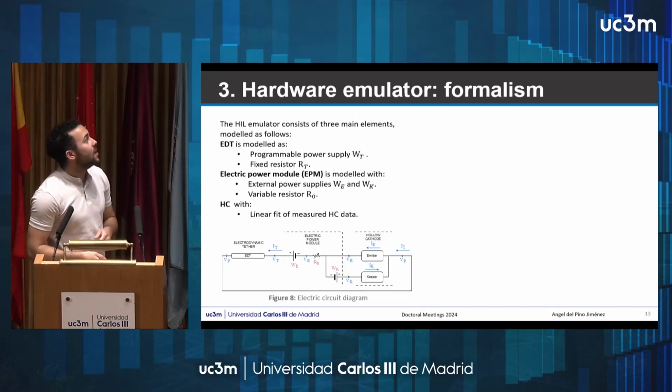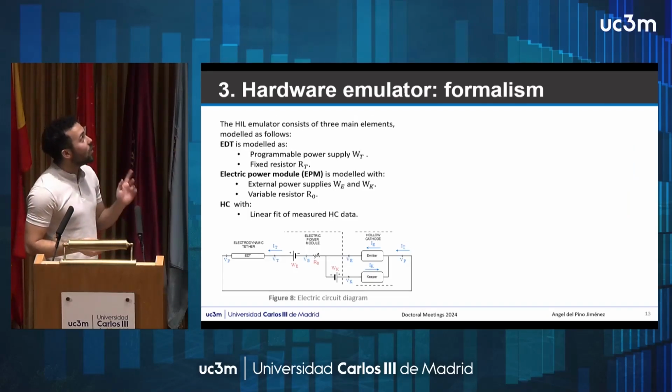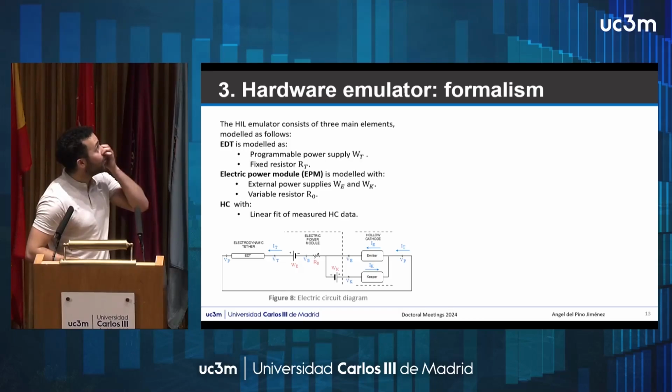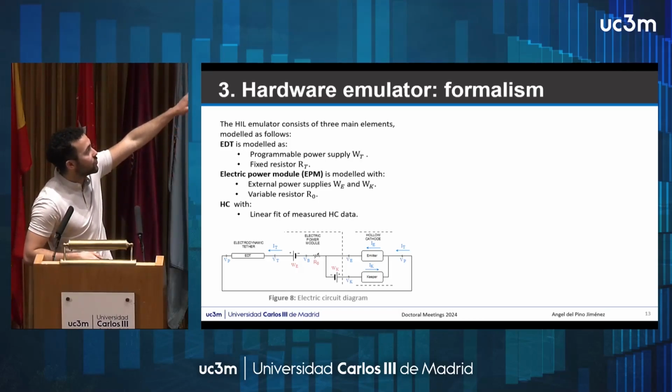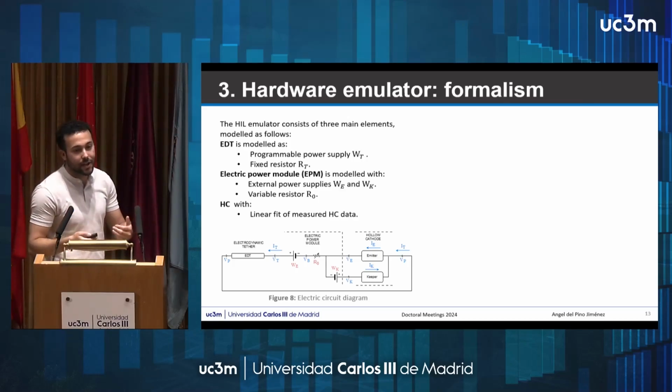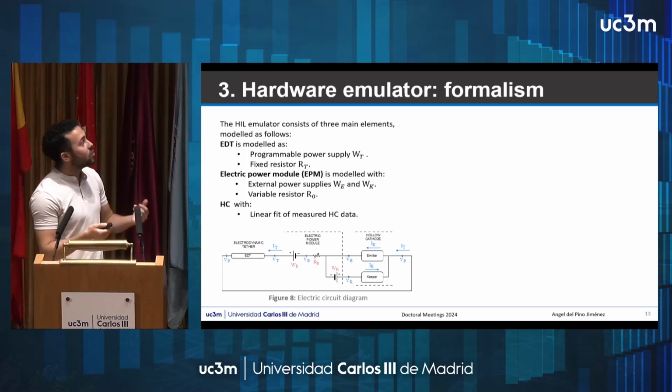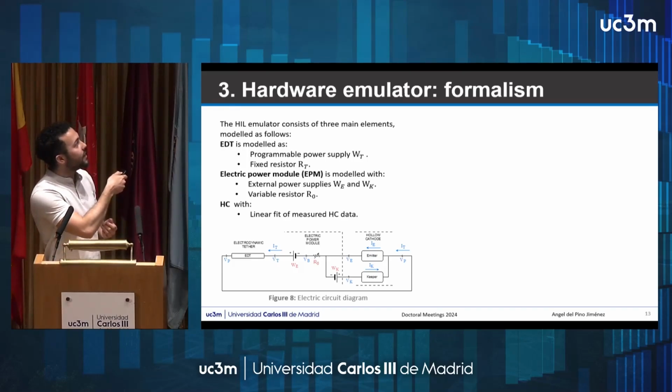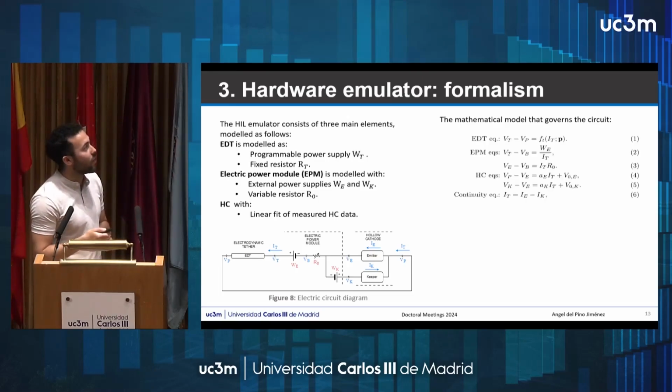So focusing now on the electrodynamic tether, we have first constructed how the system is connected. It consists of 3 or 4 main elements: the electrodynamic tether, the hollow cathode, the plasma, and the electric power module. That is the system inside the satellite avionics that controls that the current and voltage produced by the tether are okay for our requirements.